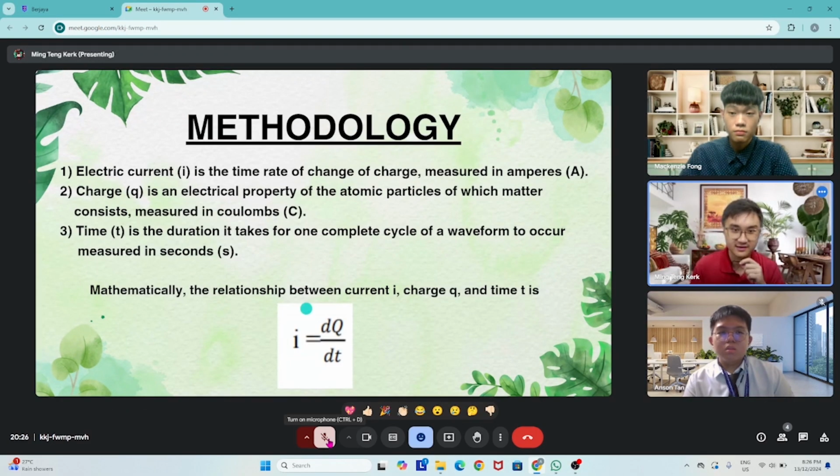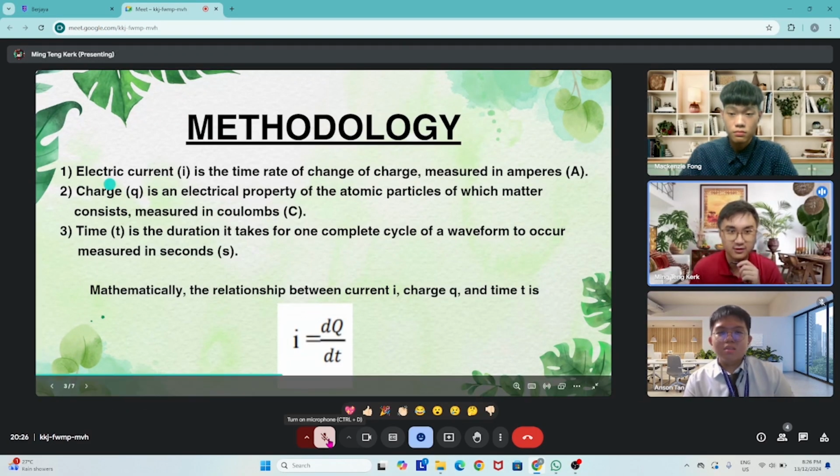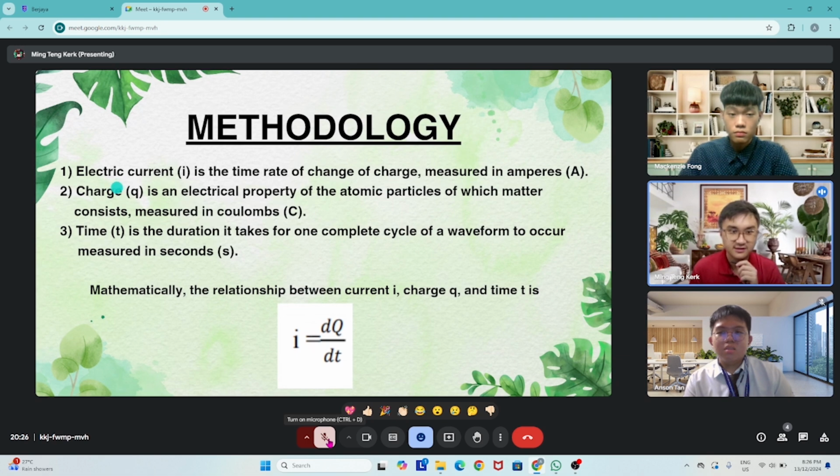Thank you, Izzat. Now I will present the methodology. First, electric current I is the time rate of change of charge, measured in ampere.